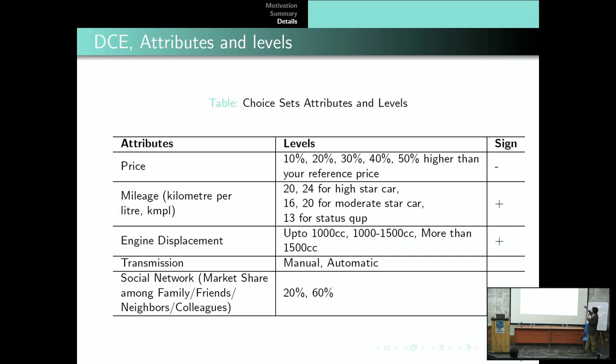Whether you think that people are going to have negative utility when the price increases, or whether you think that people are going to have a positive utility when the mileage or the efficiency of the car increases, and so on and so on. If you have that type of table, maybe in the middle put an explanation so that you explain verbally your attribute. The people who read it are going to have all the information needed in terms of understanding what the discrete choice experiment is about.